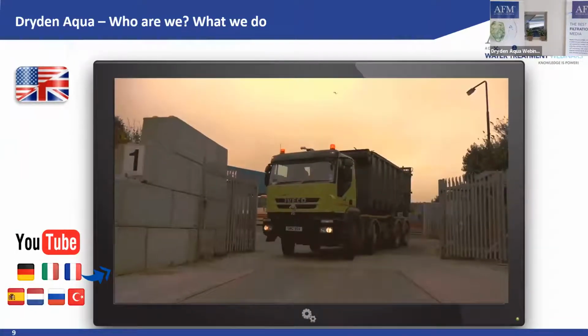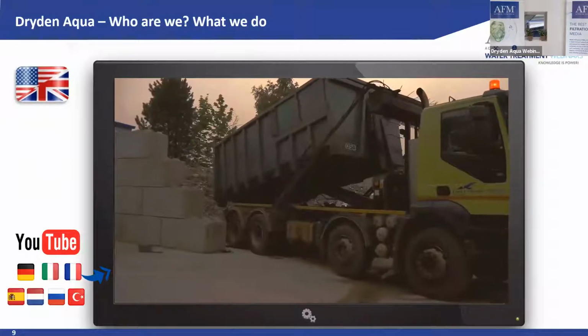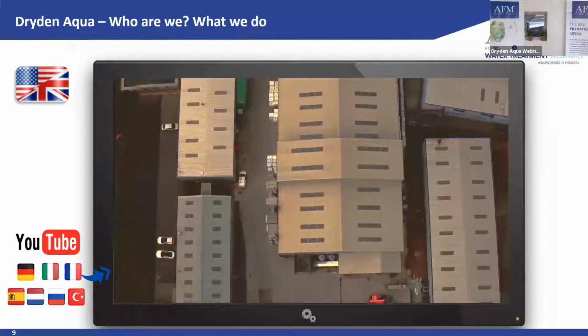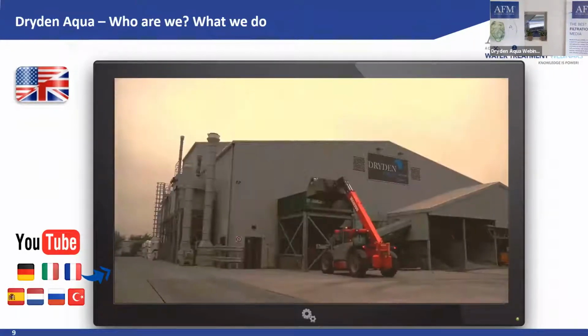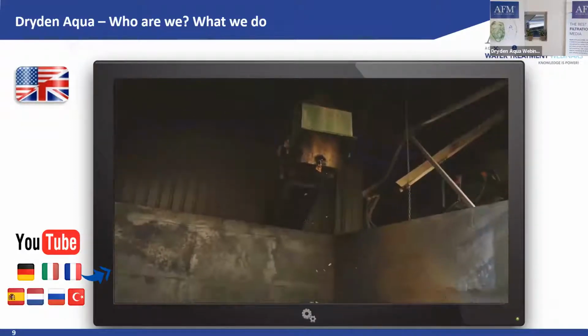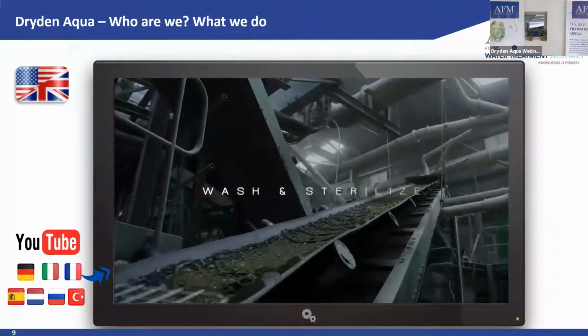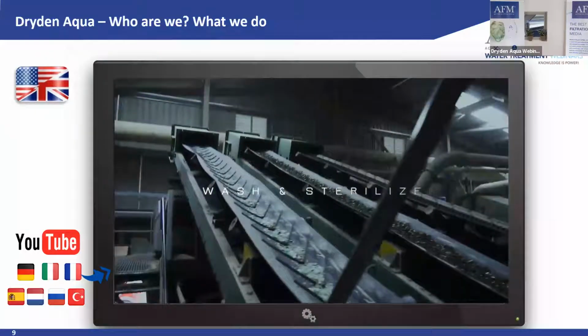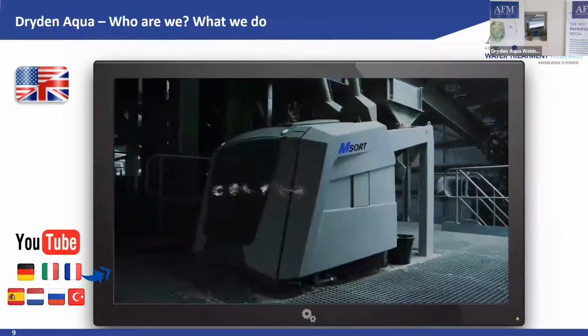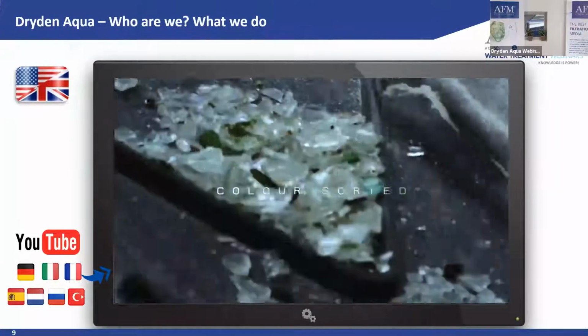Dryden Aqua can process 50% of all the glass bottles in Scotland. The glass is fed into a hopper, all the metal is extracted, and the glass is washed to remove the impurities at 1200 degrees centigrade. The clean glass is colour sorted to remove the clear glass and ceramic.